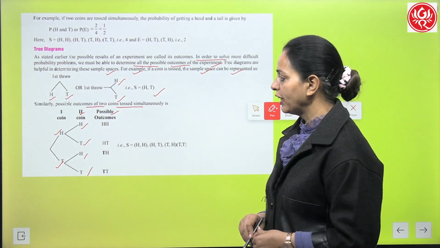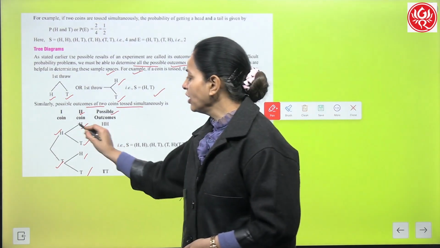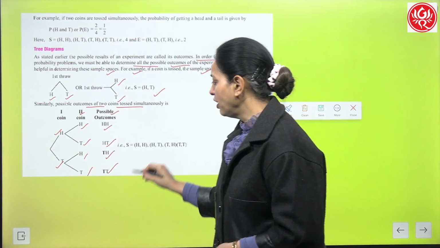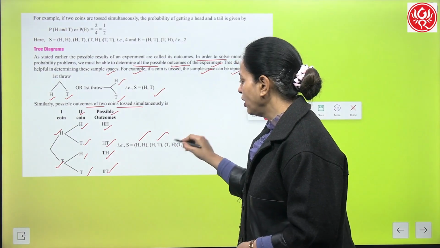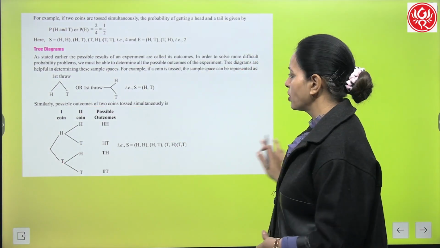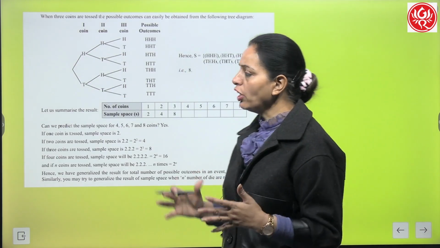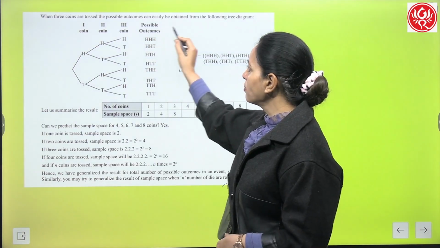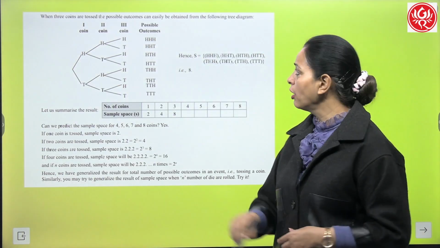So what we are getting, possible outcomes HH, HT, TH, TT. 4 possible outcomes, right?